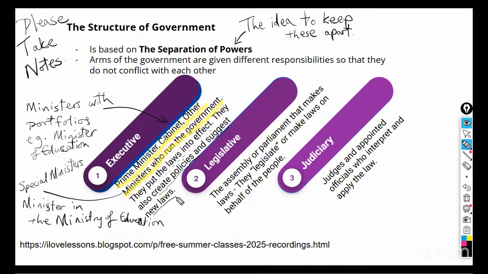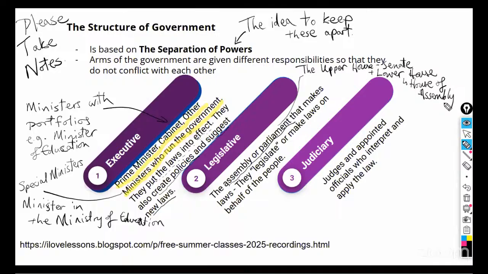All right, now the legislative arm is made up of the assembly or the parliament, right? So this is called, in some places, the upper house or the Senate, and the lower house, House of Assembly, right?